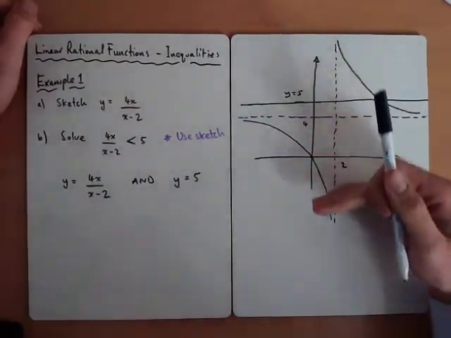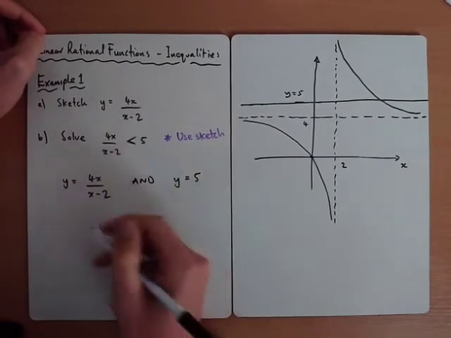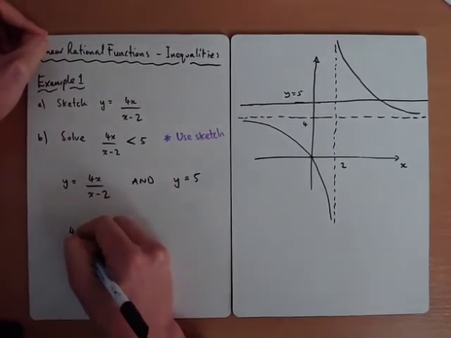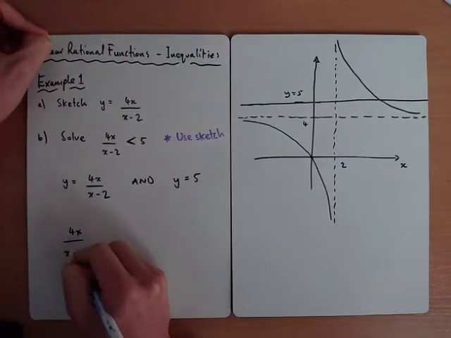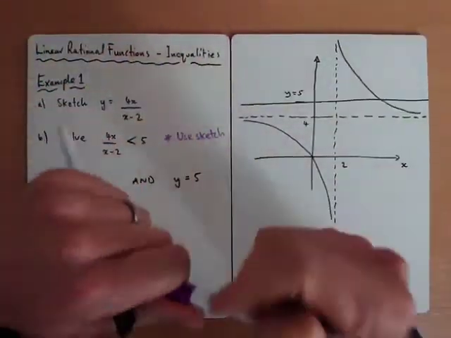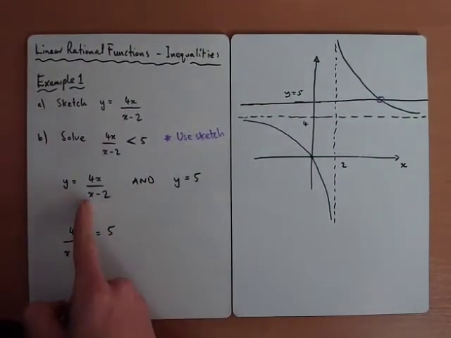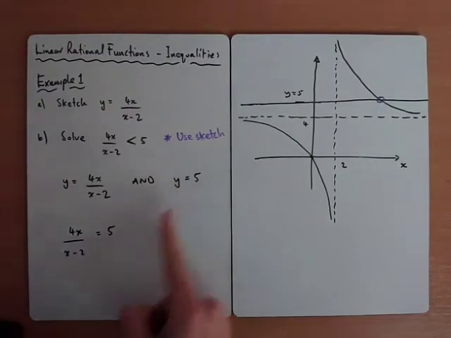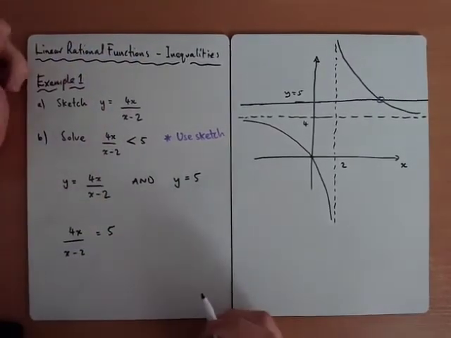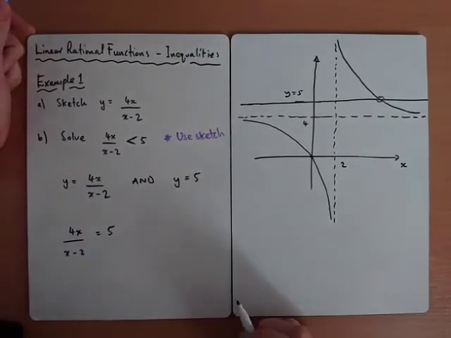We can see when it's below, but before we can do that, the first thing you need to do with an inequality is just solve when it equals 5. So figure out the point where they intersect. So this point of intersection would be when this function intersects this function. Alright, so if we solve when they're equal to each other, we can then figure out the inequality.